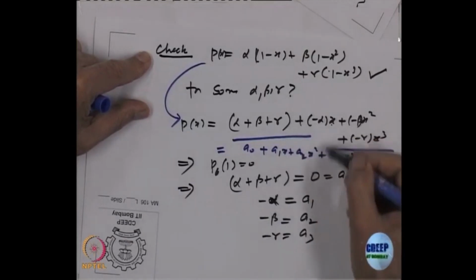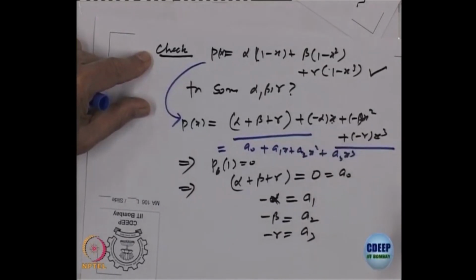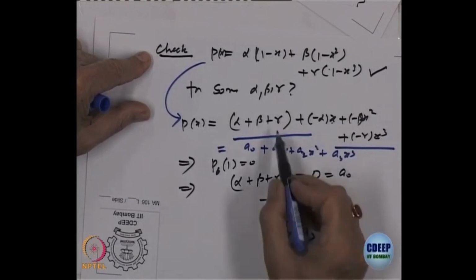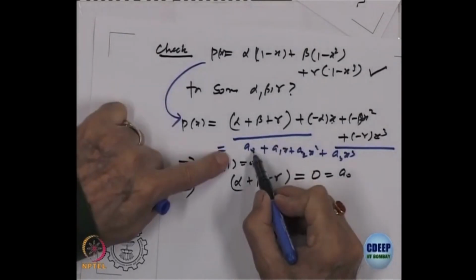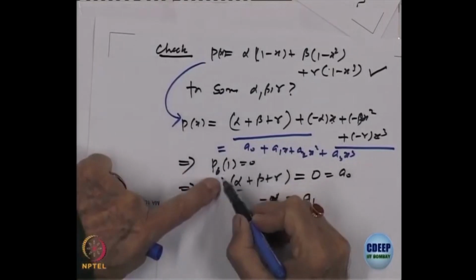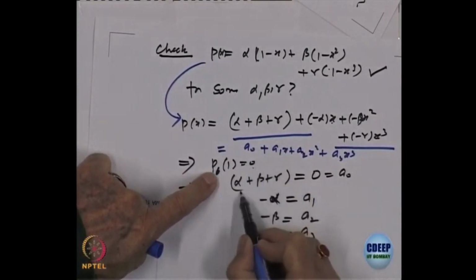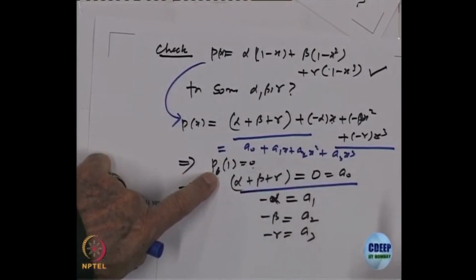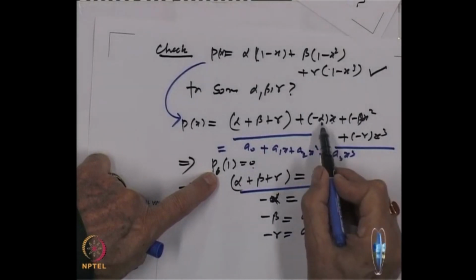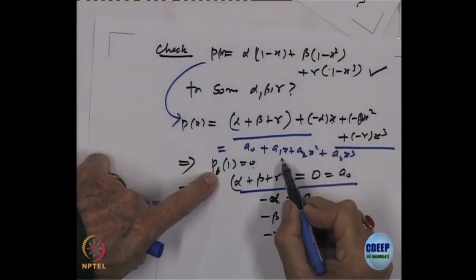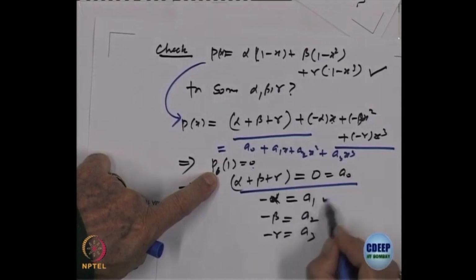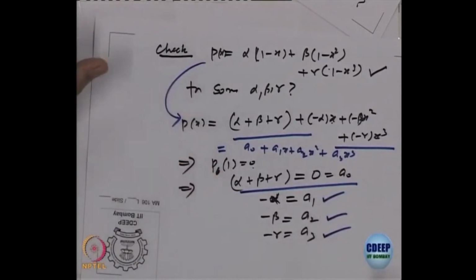So, coefficients of like powers must be equal. Alpha plus beta plus gamma should be equal to a0, but the property is P(1) equal to 0, so I get this equation. Coefficient of x is minus alpha, and the coefficient of x here is a1, so a1 must be equal to this, a2 equal to this, a3 equal to this.